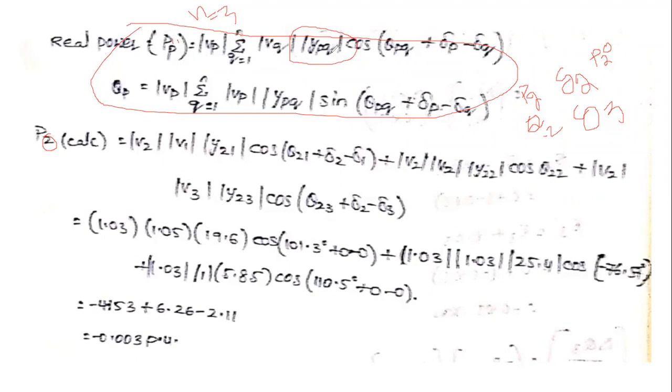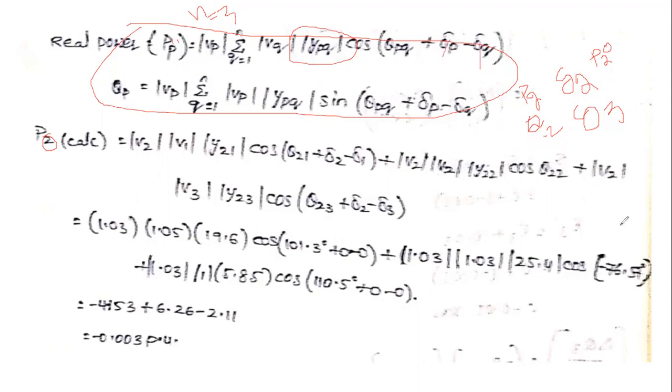Magnitude V1 Y21 cos of theta 21 plus delta 2 minus delta 1, plus P equal to 2, Q equal to 2: V2 Y22 cos of theta 22. Here delta 2 minus delta 2 gets cancelled.